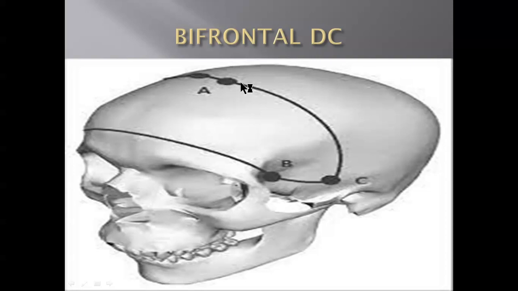But here this one is bifrontal. For unilateral the skin incision would be the same, but the bone we will take from here and this area, and this area of the bone will remain. So this is the bifrontal decompressive craniectomy, done for diffuse cerebral edema most of the time.